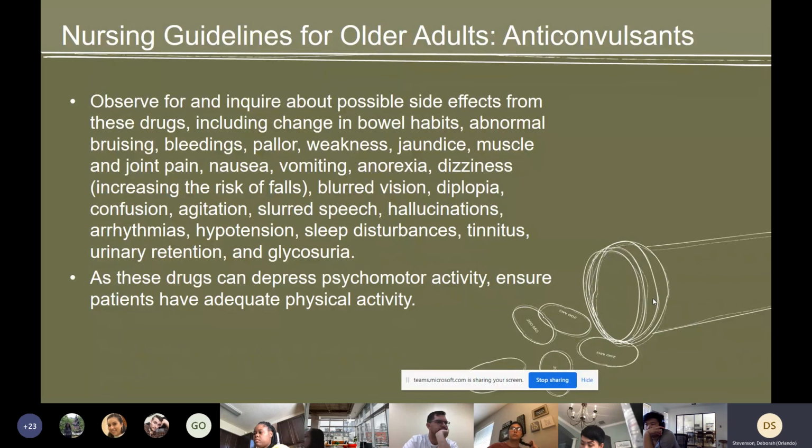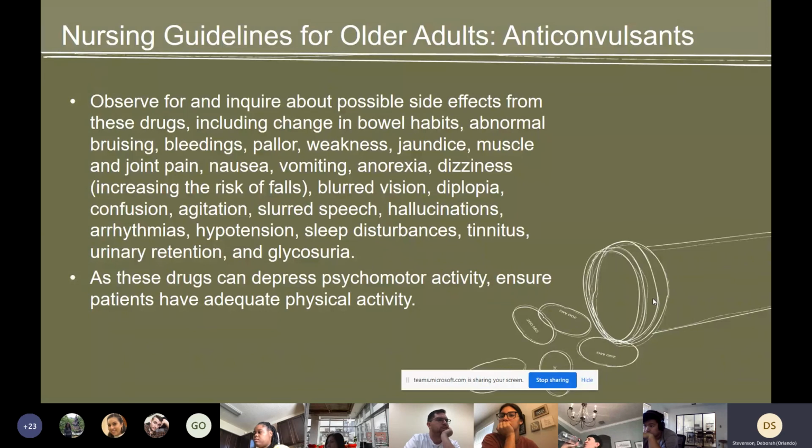So if you have a patient on phenytoin or Dilantin or some other type of anticonvulsant, look at all the side effects. Yeah, blurred vision, double vision, slurred speech. I mean, it's an enormous amount of side effects for the medications that these patients are on.